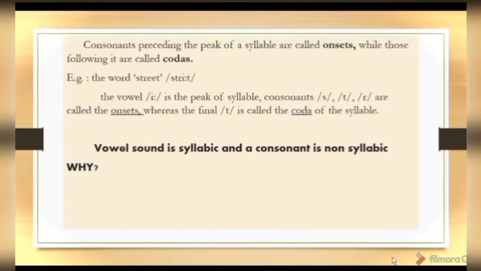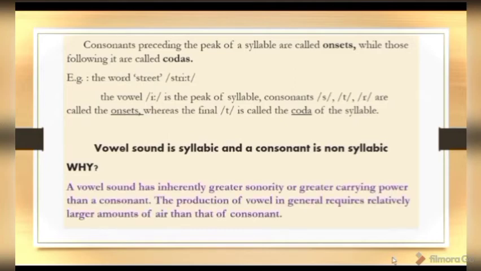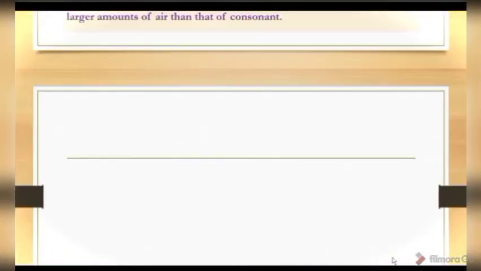Why? A vowel sound has inherently greater sonority, or greater carrying power, than a consonant. The production of a vowel in general requires relatively larger amounts of air than that of a consonant. What is sonority?